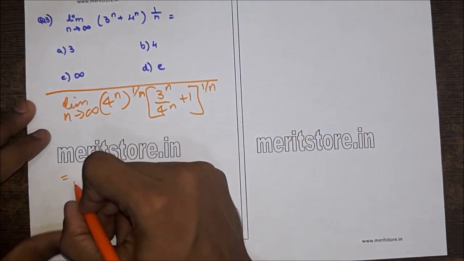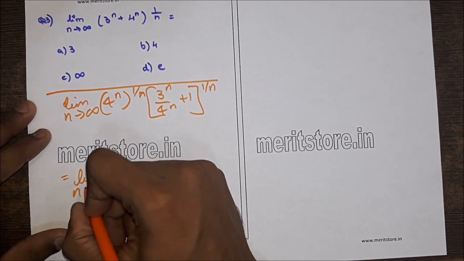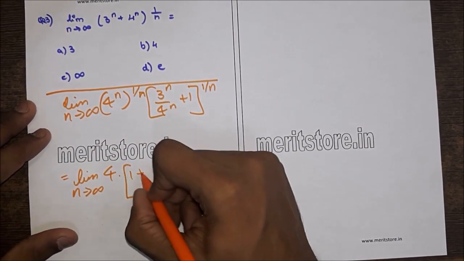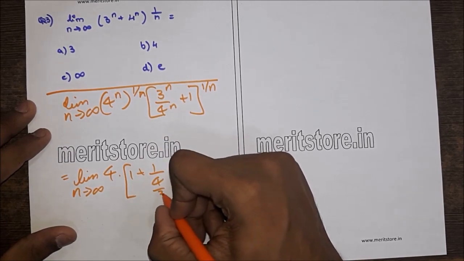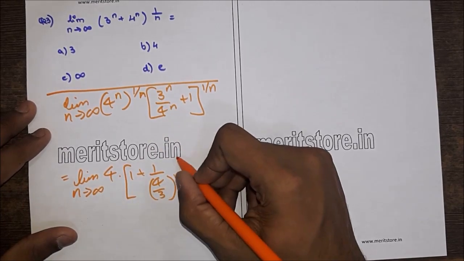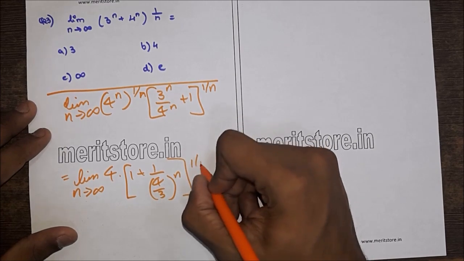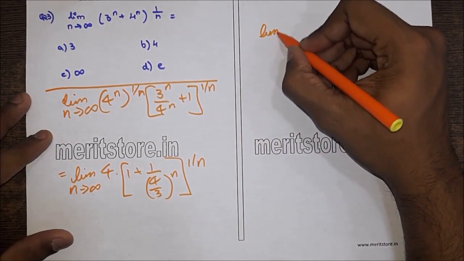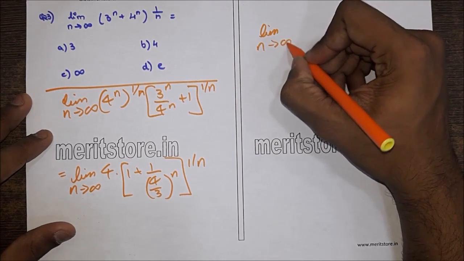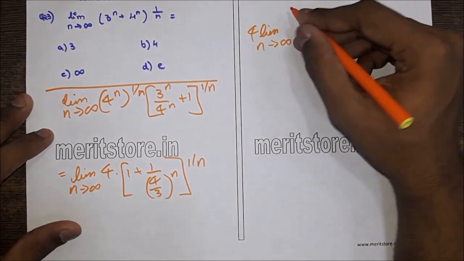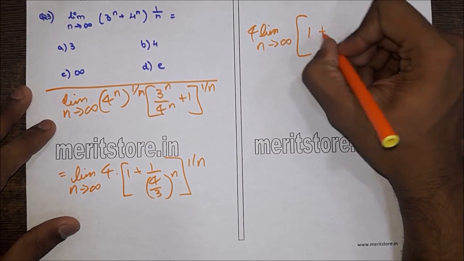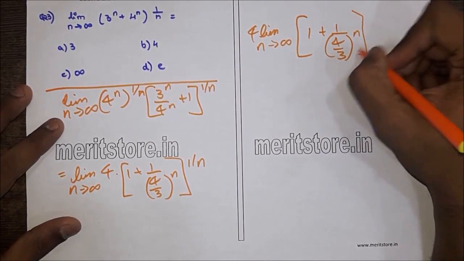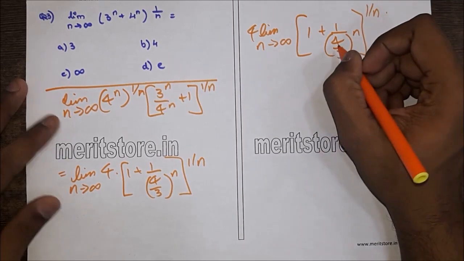Now this equals limit of n tends to infinity of 4 into (1 + (3/4)^n) whole raised to 1 by n. This gives us limit with the constant 4 outside, (1 + (3/4)^n) whole raised to 1 by n.